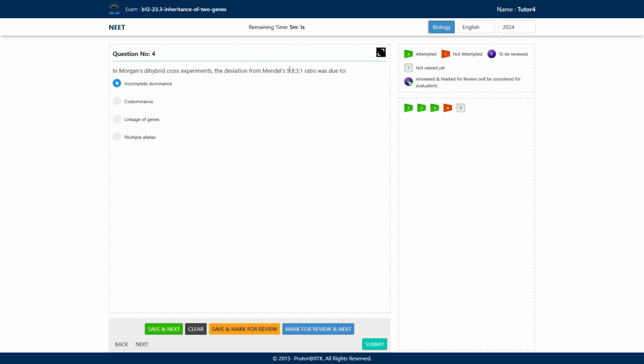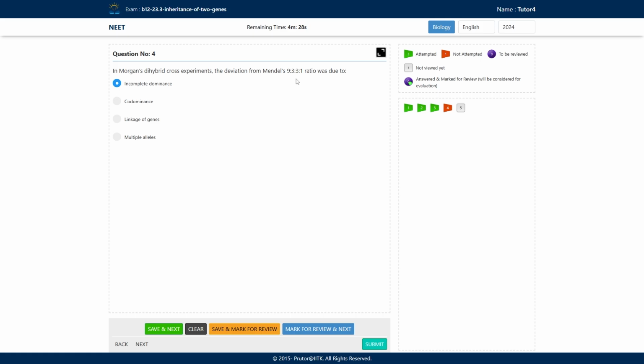So why was this deviation from this ratio 9:3:3:1? He observed that the genes were very closely associated to each other. They were physically associated and present on the same chromosome, and the distance between the two genes was very less. So they were inherited together, because the distance between these two genes was very less and they were present on the same chromosome.